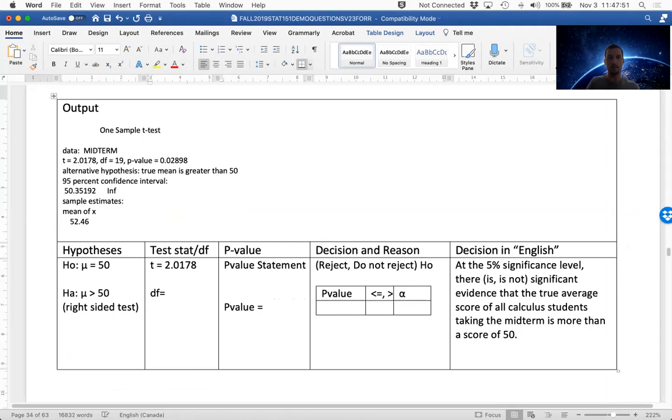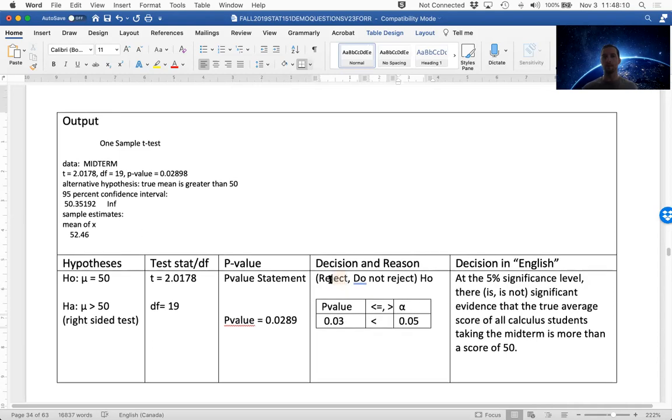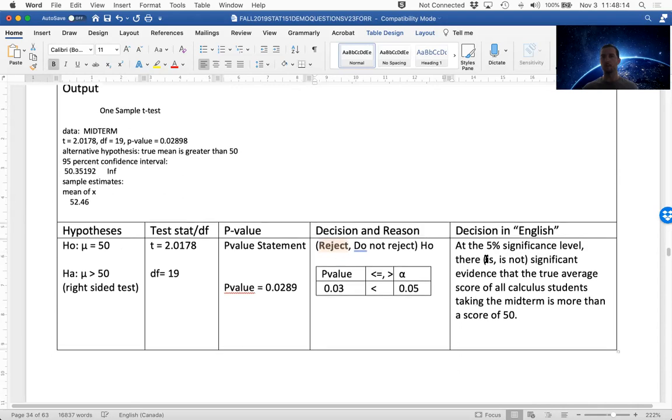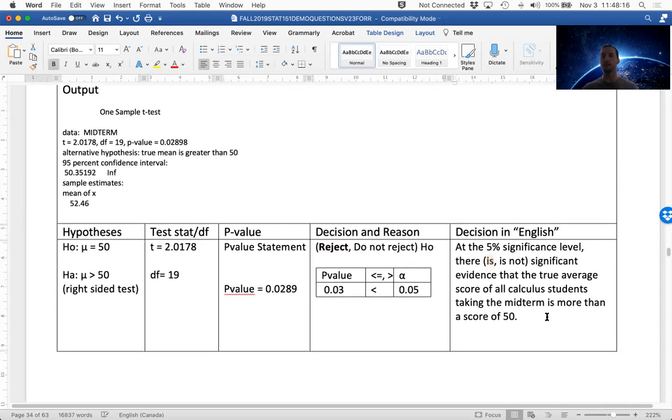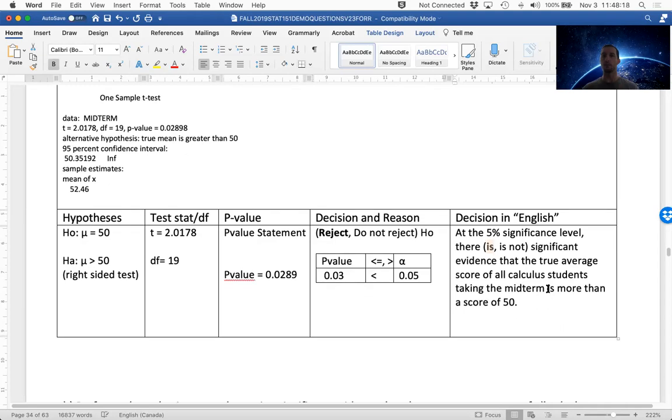We have 19 degrees of freedom. Our p value is 0.0289. So that means we can write the p value is 0.03, which is less than alpha, which is 0.05. In that case, we can reject the null since the p value is less than alpha. So at the 5% level, there is evidence that the true score is more than 50.